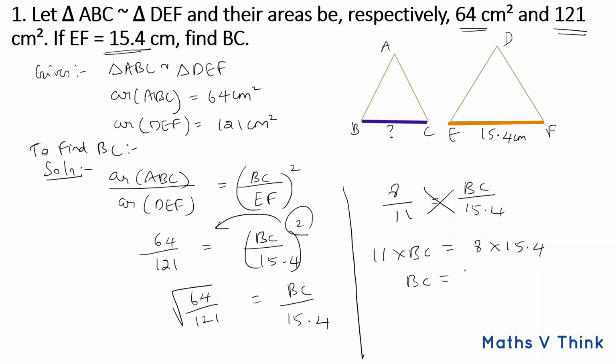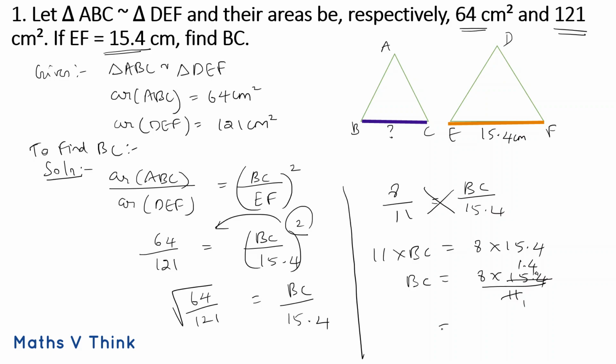So BC is equal to 8 into 15.4 by 11. 11 ones are 11, 11 fours are 44. Nothing but 8 into 1.4. So BC is 11.2 centimeter. So we got the value of BC.